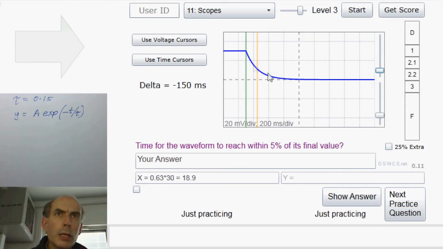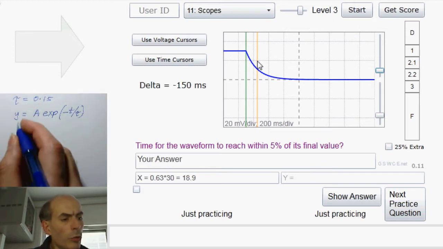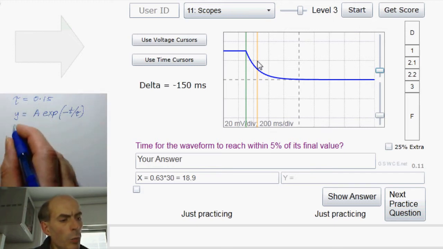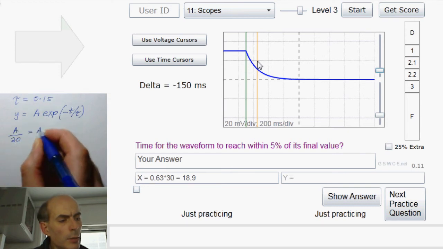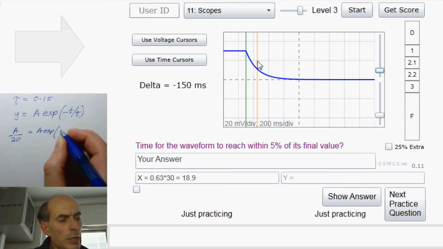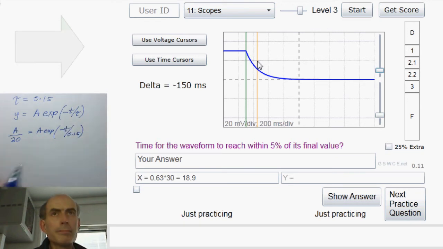Well, 5% would be a over 20, because 1/20th would be 5% of the whole step. So I want to know if y is a over 20, then what is t when τ is 0.15?